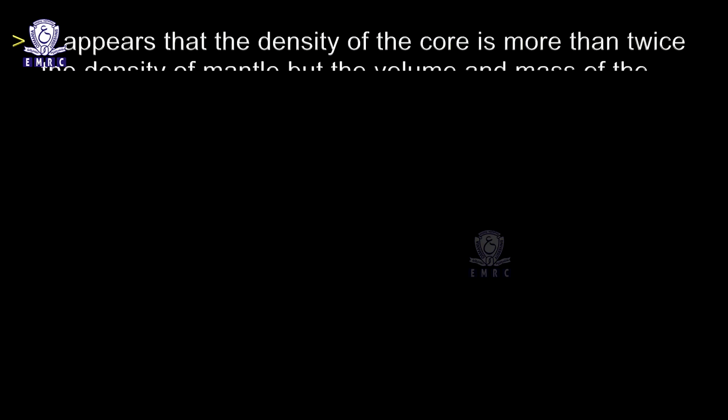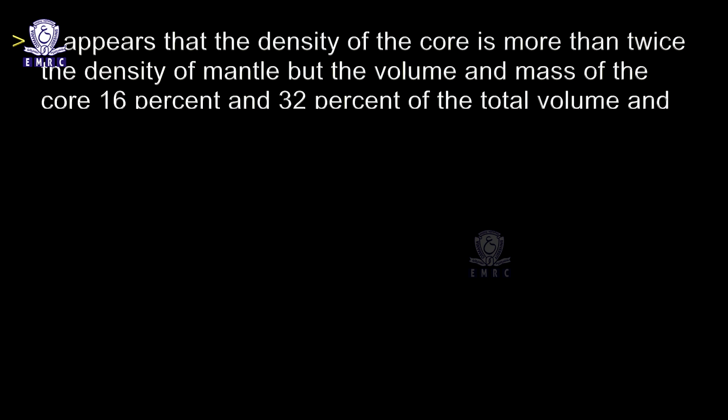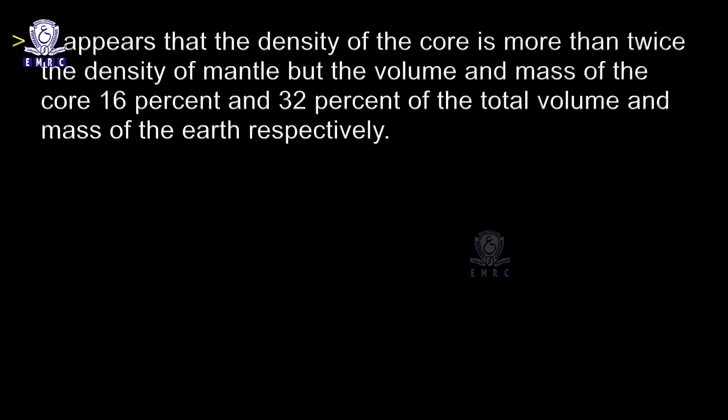The density of the core is more than twice the density of the mantle, but the volume and mass of the core are 16% and 32% of the total volume and mass of the earth respectively. Density of the core ranges from 9.5 to 14.5 and sometimes even higher.